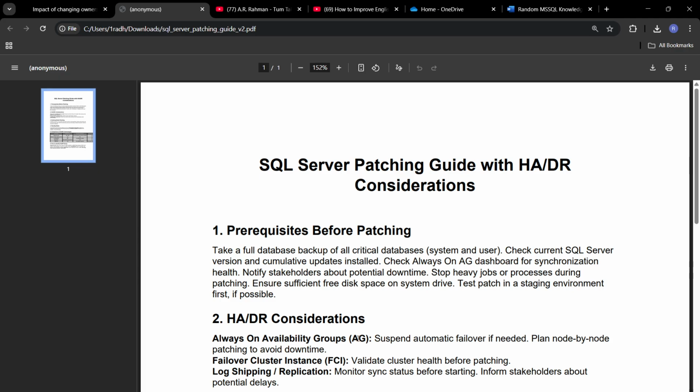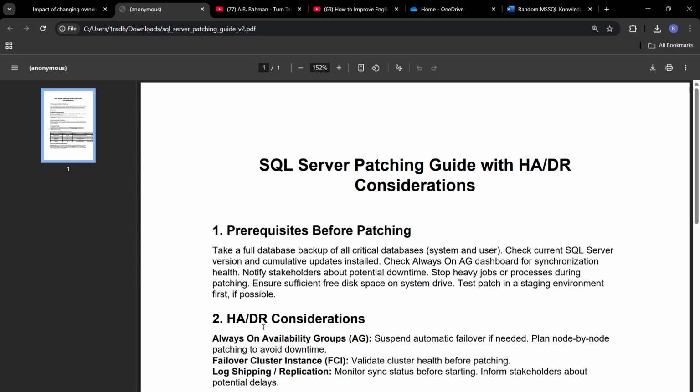Okay, so let's continue. First, what is the prerequisite before doing any patching? If we talk about a normal server, when the server is a non-availability group server, what are the prerequisites?